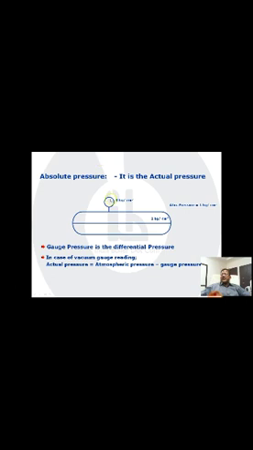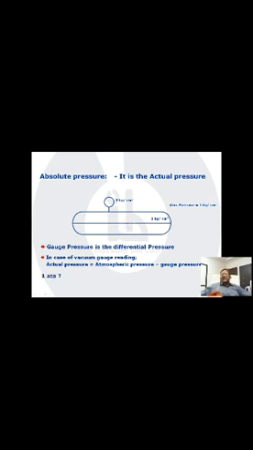If it is a vacuum gauge, then the pressure inside is less than atmospheric, and this gauge is showing the difference. Therefore, to get the actual pressure, you have to deduct the gauge pressure from the atmospheric pressure. Please remember this during the condenser calculations. Any calculation, you must first calculate the actual pressure. If the gauge pressure is given, you do not go with the gauge pressure, you calculate the actual pressure inside the system, right?